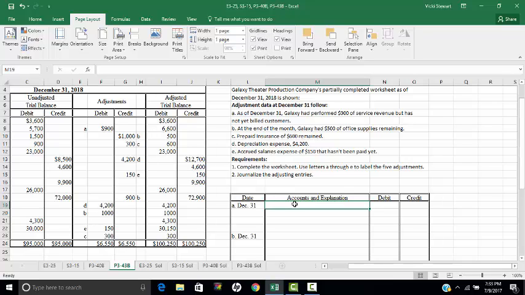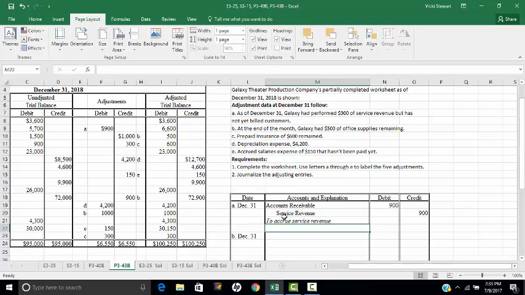So we're going into the journal now, and we're going to make the same entries that we made in the adjustment column. So our first one was where we recorded the accounts receivable and the service revenue. So we're going to debit accounts receivable for $900, and we're going to credit service revenue for $900. And our explanation would just be to accrue service revenue.